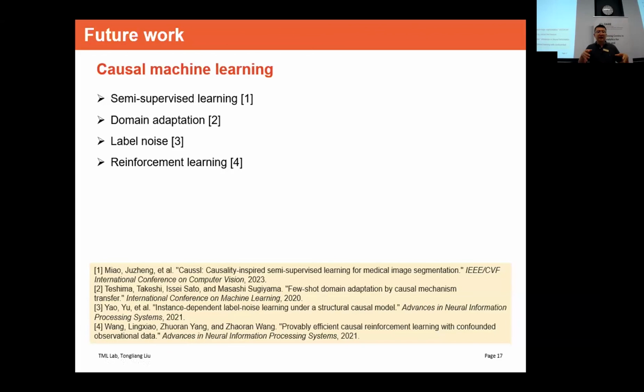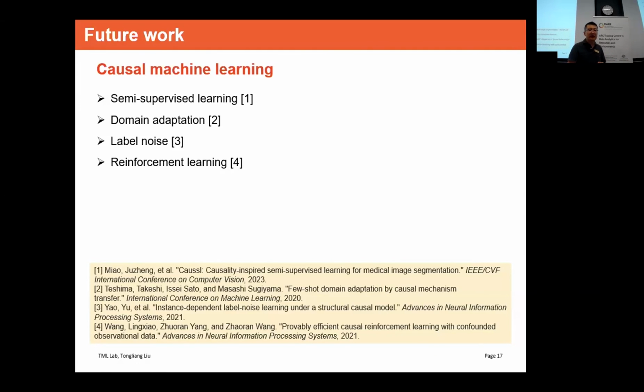Also, with a recovered causal graph, we can design more efficient machine learning algorithms, and do causal inference for reasoning and more explainable predictions. In our group, we have designed more efficient self-supervised learning algorithms, domain adaptation algorithms, learning with noisy labels, and reinforcement learning.